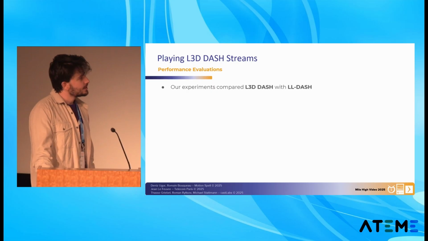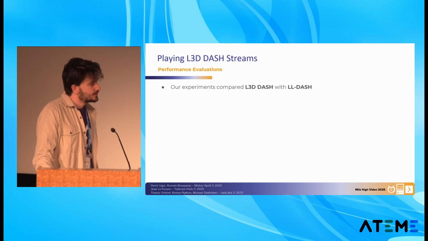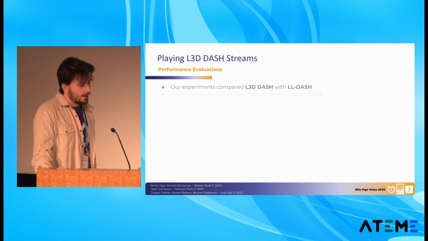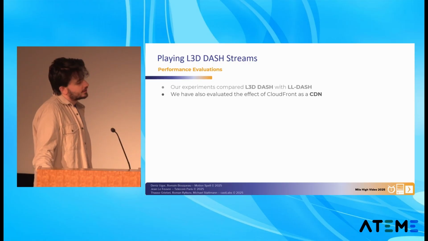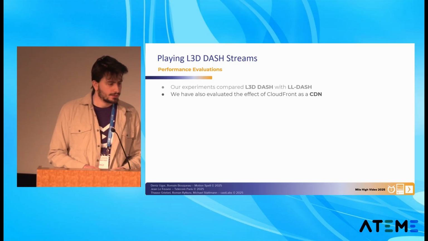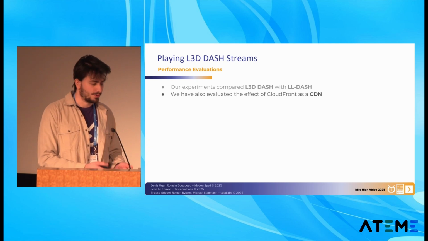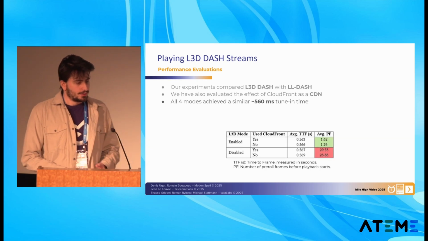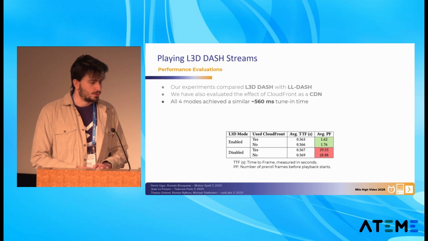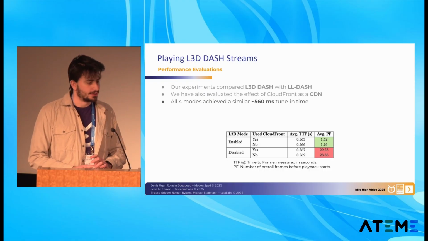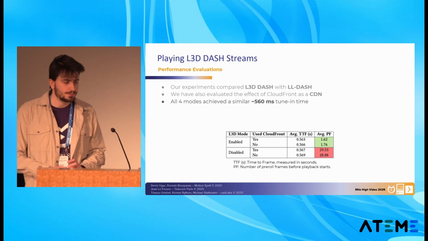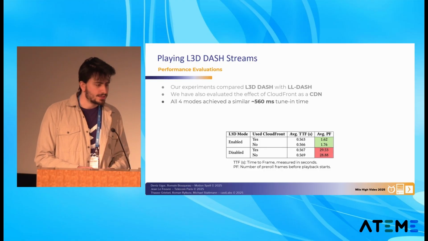So for performance evaluations, we compared L3D with low latency DASH, and we also evaluated Cloudflare as our CDN to see if there were any potential benefits of using a CDN on top of this. And in all 4 cases, we saw similar results on the average time to first frame, which is around 560 milliseconds.